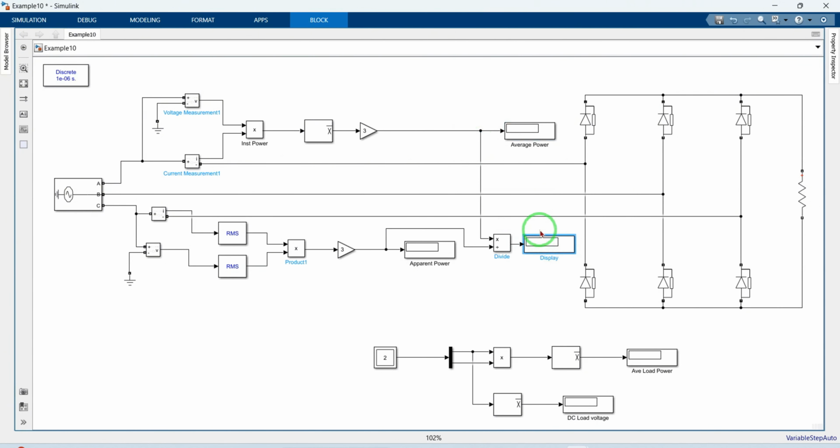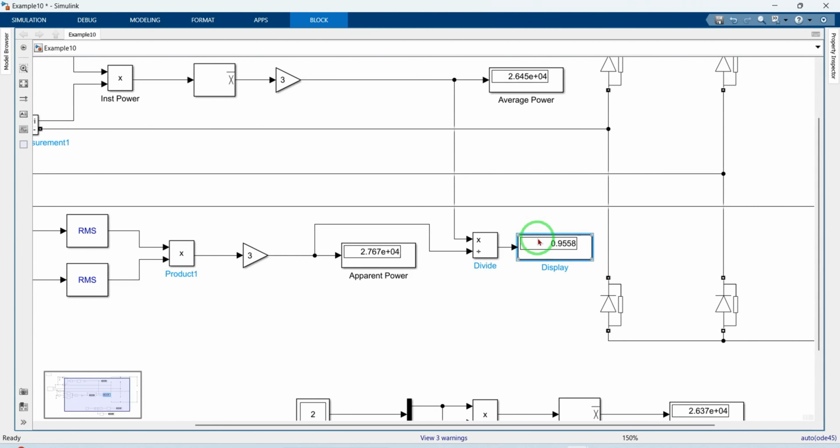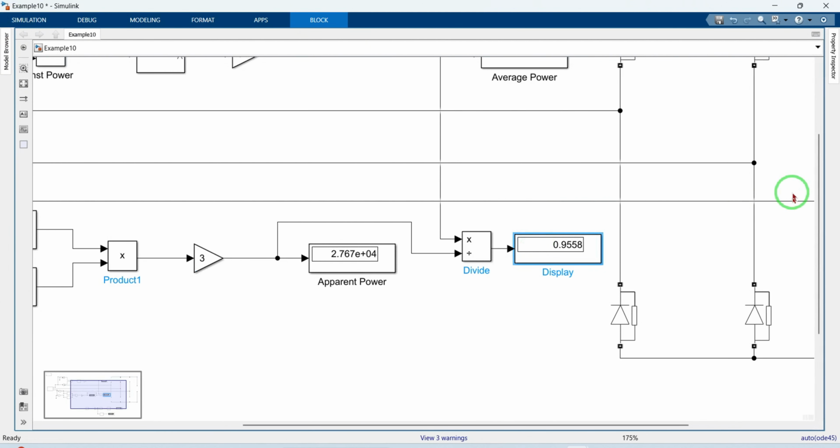Go to the Simulation tab and click Run to start the simulation. Here's the power factor of the circuit.